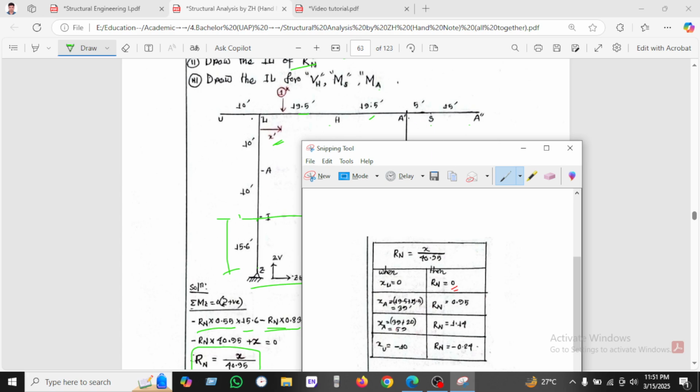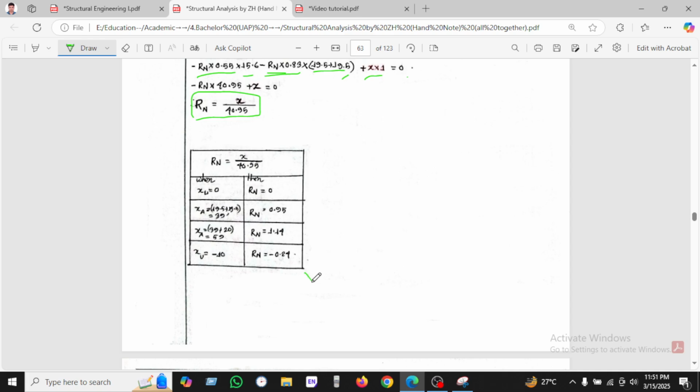And for another x value, s double prime, which is 39 into 20, the Rn value will be 1.10. And if we take x negative here, then the Rn value will be 0.25.